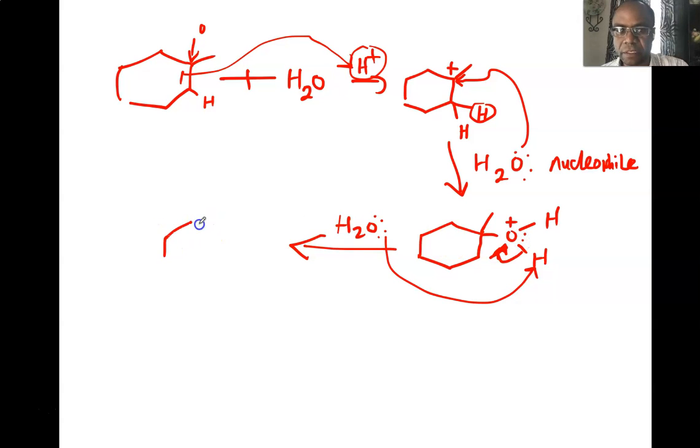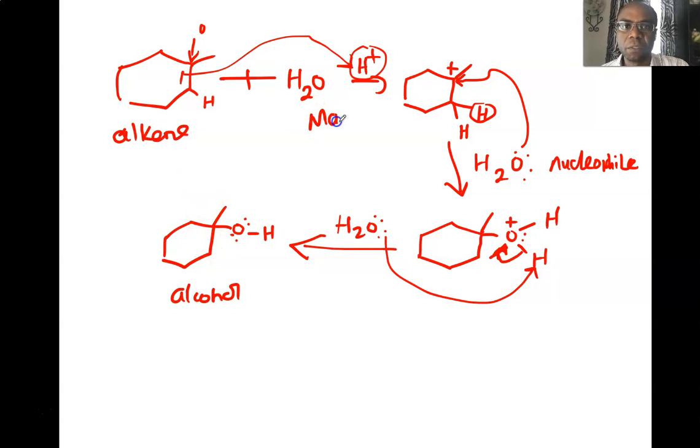So you deprotonate the positively charged oxygen and give it the 2 electrons that made the bond, which helps to neutralize the oxygen. You end up with an alcohol. So you will have moved from the alkene to the alcohol following Markovnikov addition. All right, that's an example of hydration reaction.